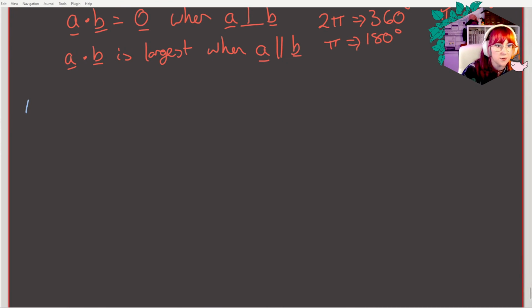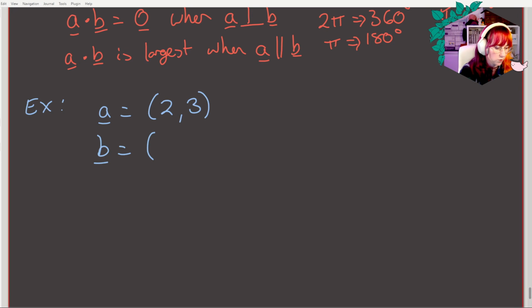So let's do an example. If we have A is, I'm going to go back to my old vectors, so 2 and 3, and B was, what was it, 4, 1?